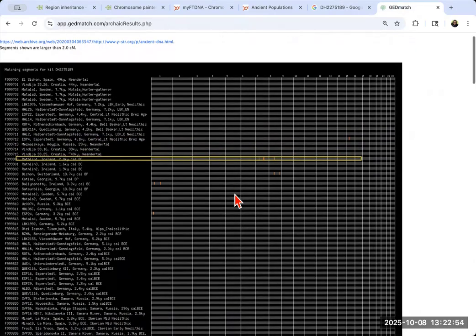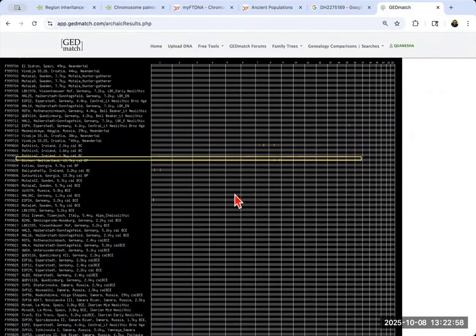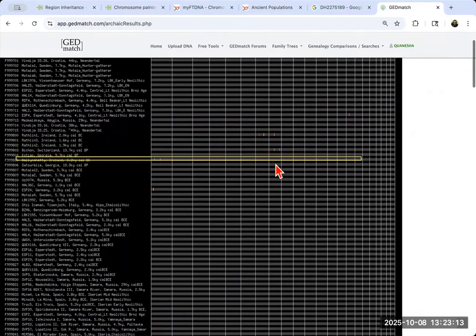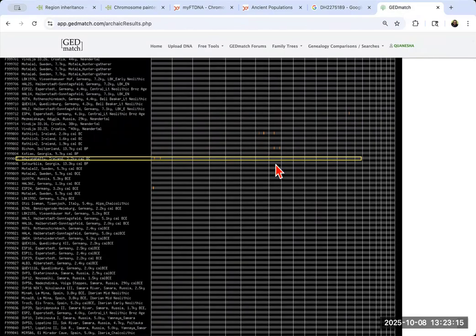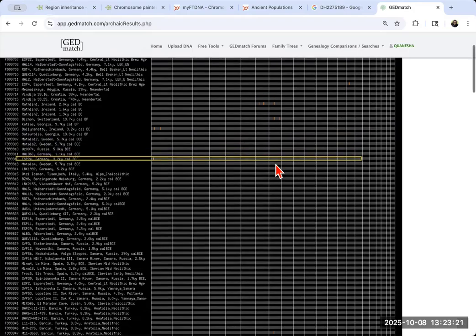We have some Ireland coming in on chromosomes 7 and 8. Makes sense because didn't they say they have Irish ancestry. We have Switzerland coming in on chromosome 8. We again have Ireland coming in on now chromosome 1. We have Germany coming in on chromosome 1.